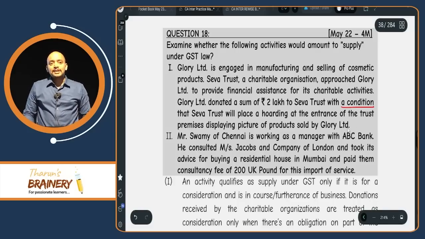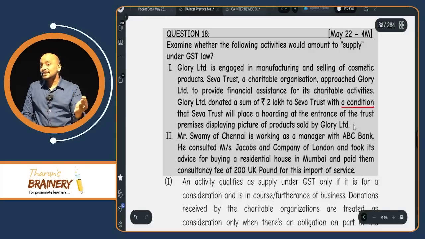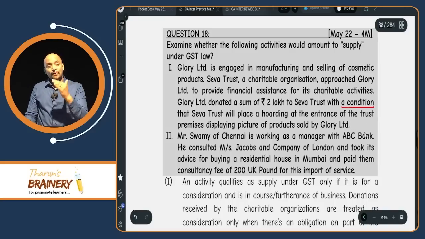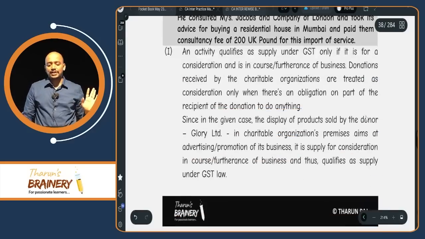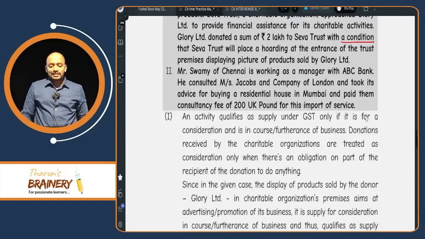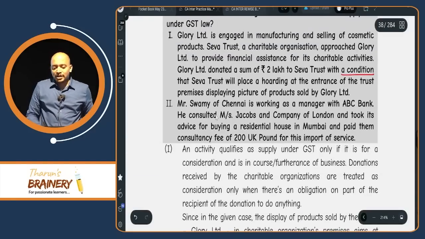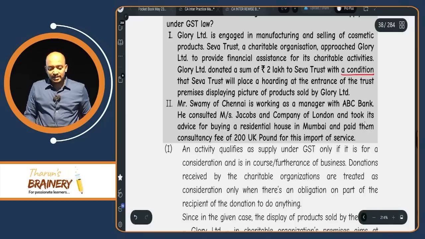Conditional donation. Because there is an obligation on the part of the person who receives the donation to display the products of that person. So which means it will be treated as conditional donation, and that is consideration, and it will become supply under 7(1)(a). That's what we need to write. Okay. Next, second, Mr. Swami of Chennai is working as a manager with ABC Bank. He consulted Messrs.